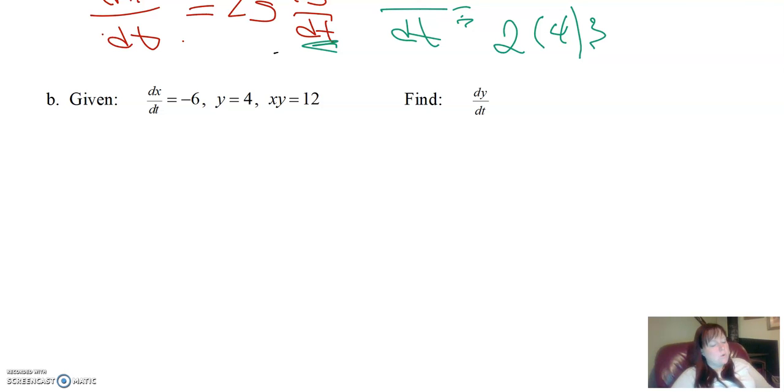Okay, so we're going to differentiate this function, x times y equals 12, with respect to t, because x is no longer our independent variable, t is.